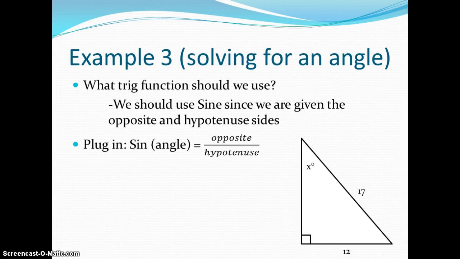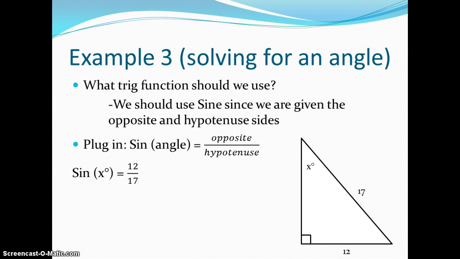We plug into the sine of the angle equals opposite over hypotenuse. So we'll have the sine of x degrees, because we're trying to figure that out, equals 12, the opposite, over 17, the hypotenuse.